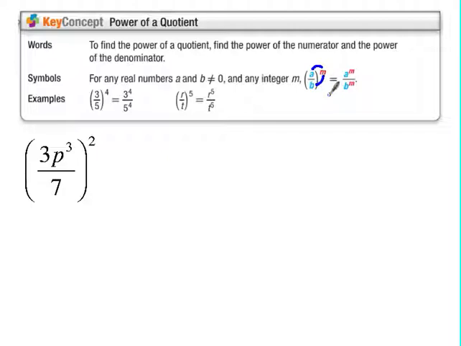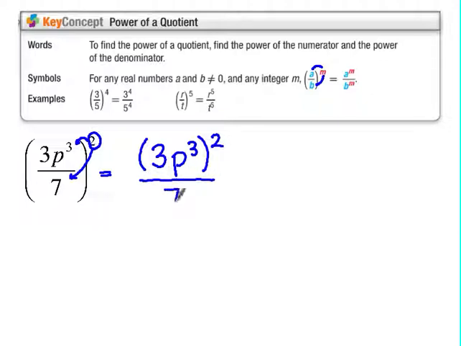That's all you're going to do. So I'm going to distribute this power here to the numerator and to the denominator. So really what that means is that I have 3p cubed, that quantity squared, divided by 7 squared.